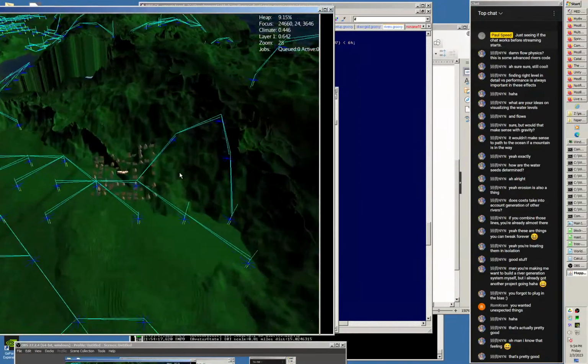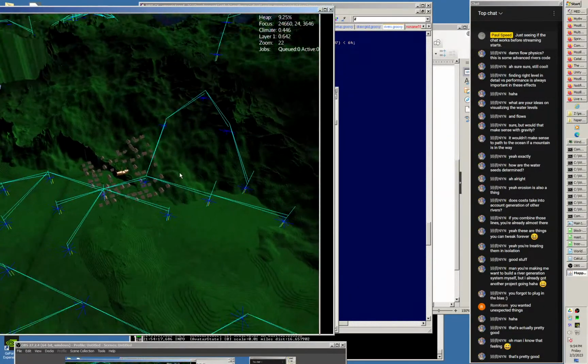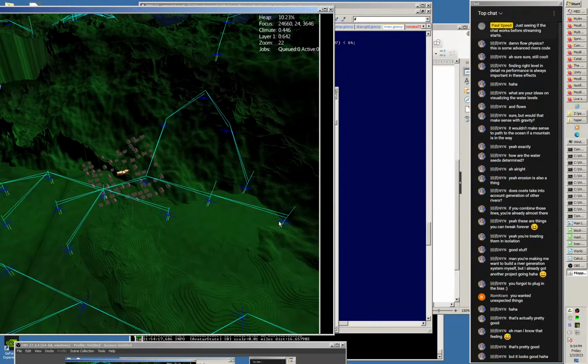You then have to figure out, so we started here, and for some reason, rather than flowing to either of these, we flowed uphill and back around and back down, which is dumb. Why didn't we just flow over here?